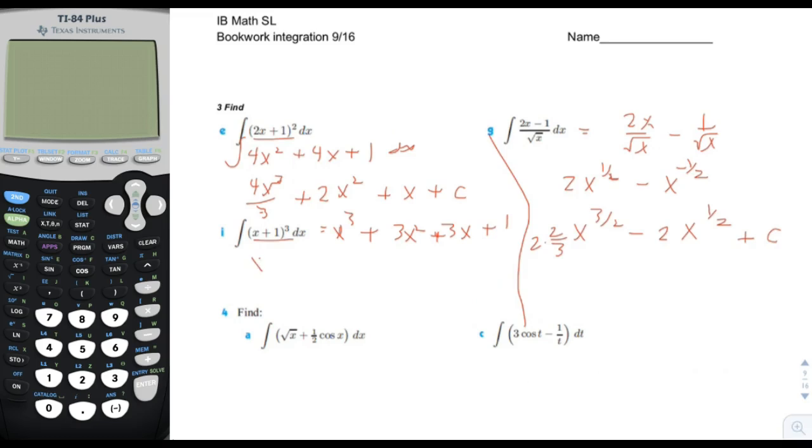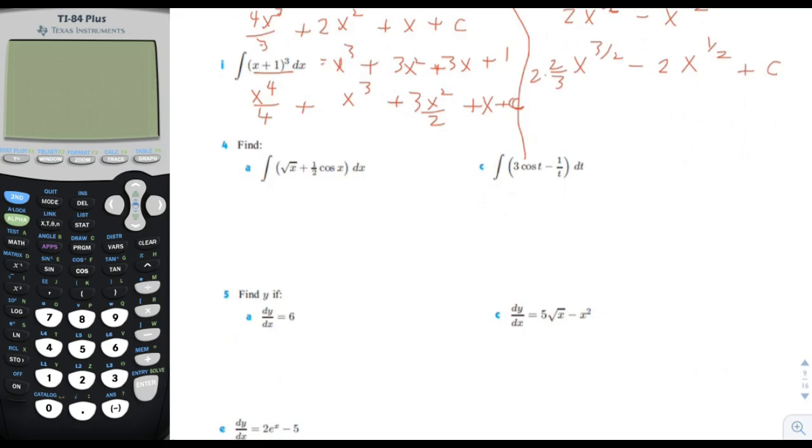And then we're going to take the integral of each one of those, x to the 4th over 4 plus x cubed over 3, and that cancels out with 3. And then it would be 3x squared over 2, and then the 1 would be plus x, and then plus c.